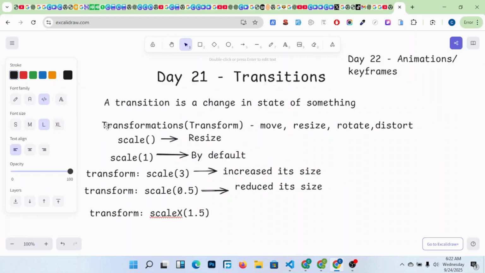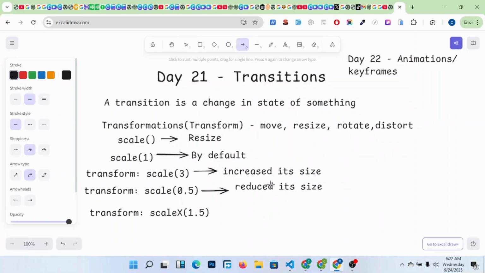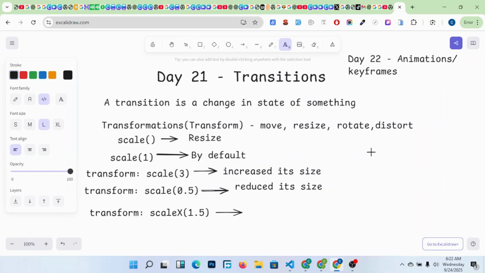What does this mean? You know very well that x is the x-axis, meaning the width.